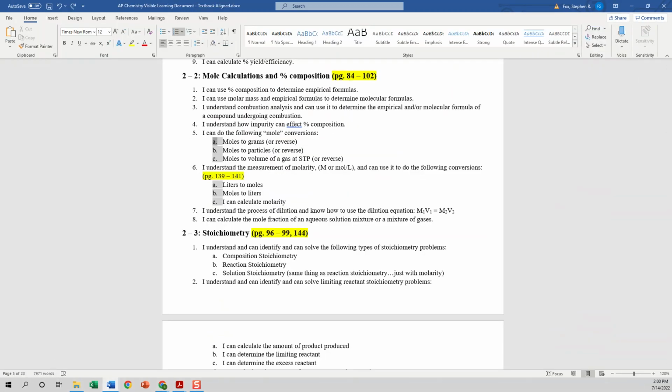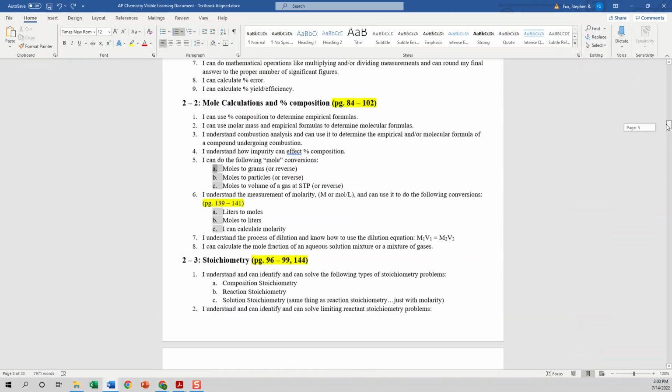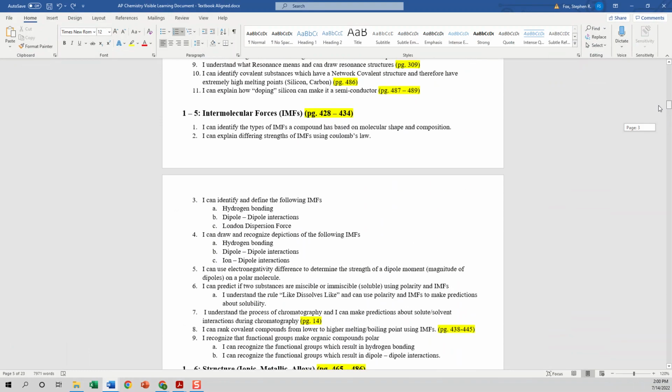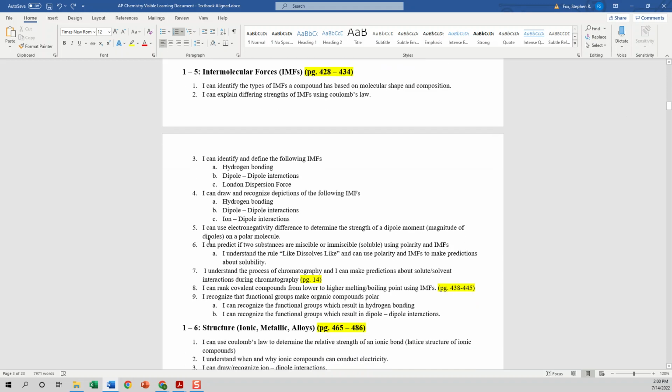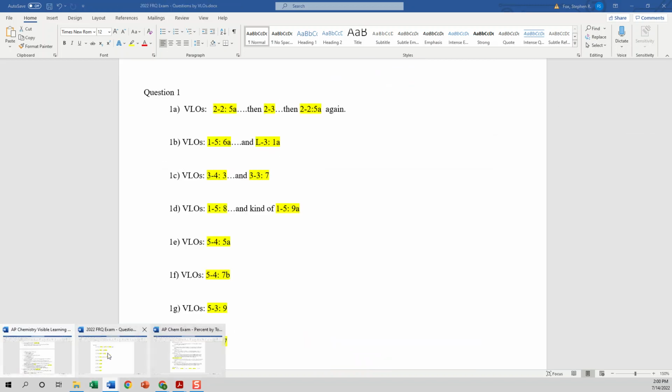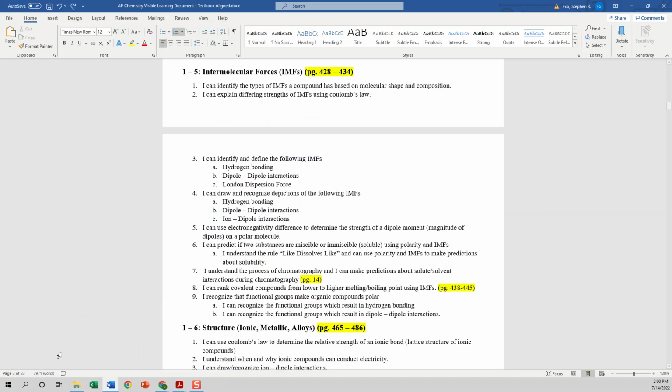So let's go to Unit 1 first, and then I'll take you to the lab VLOs. So Unit 1, and it was 1-5-6A, sorry, 1-5-6A.